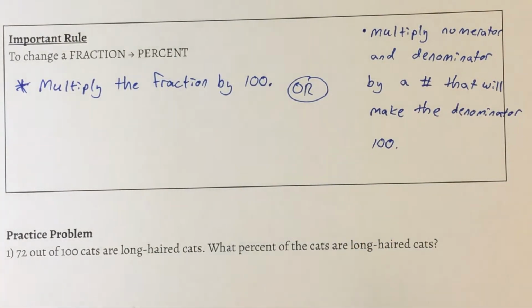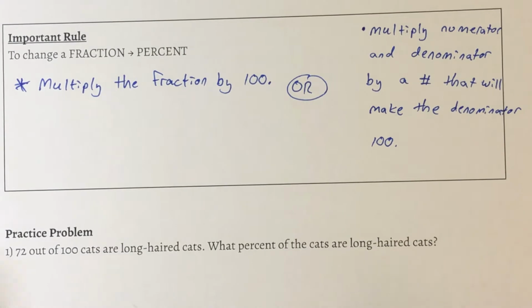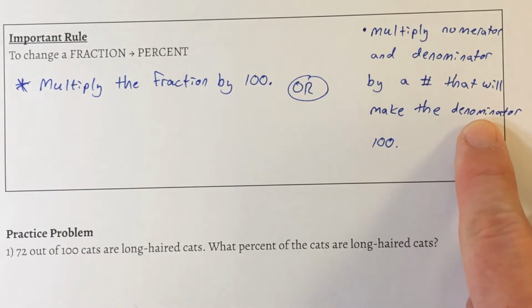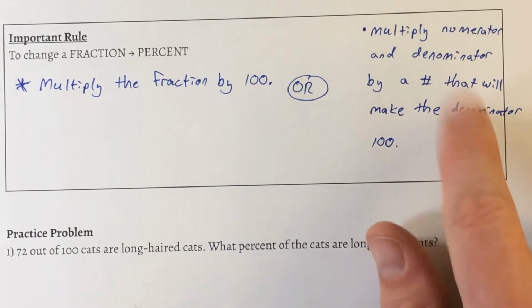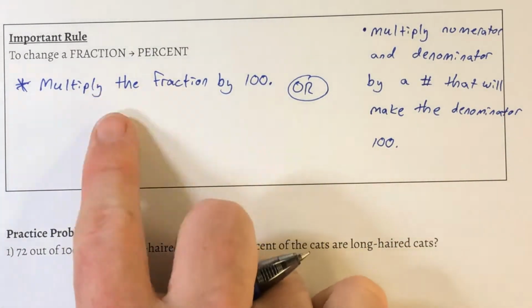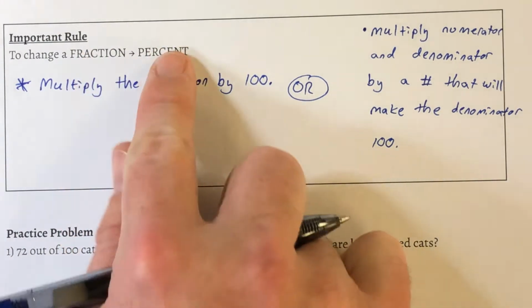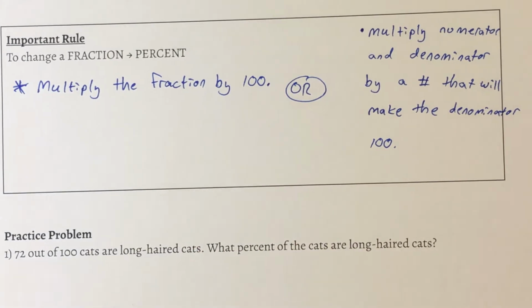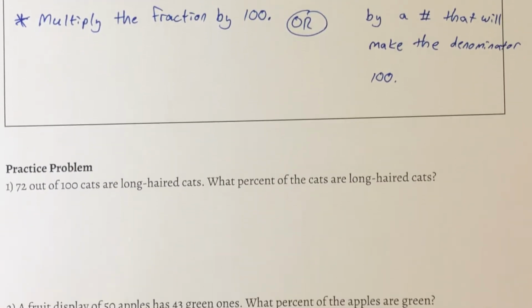So if you look at your fraction and you are able to multiply both numerator and denominator by something that will make the denominator, the bottom number, 100, you can do that. But ultimately, your primary rule to change any fraction to a percentage, multiply that fraction by 100. So here's a few practice problems.